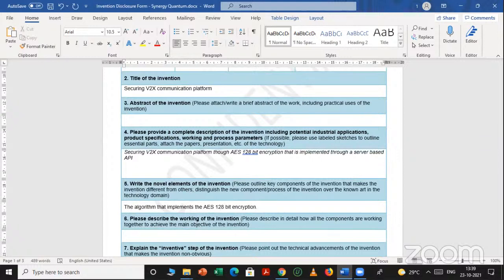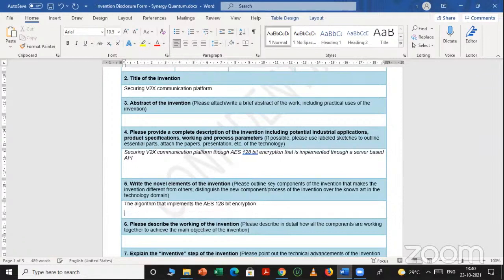Again, I have not described it, but if you are a researcher, if you have done a considerable amount of research in your topic, you should describe your novelty: how your algorithm that implements AES 128-bit encryption is novel, and how it is different from other existing AES 128-bit encryption.